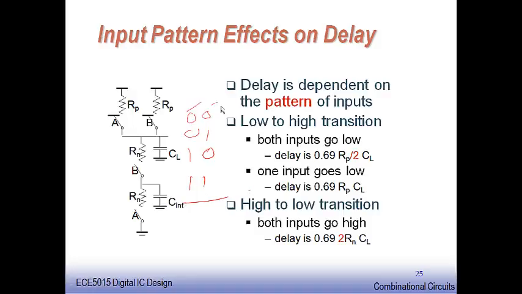When both A and B are zeros, these two inputs are active, which will make both the PMOS devices conduct, and I will have a faster charging of the capacitive load. Both these devices are on, and because I have two devices on, the effective resistance offered is going to be Rp by 2.